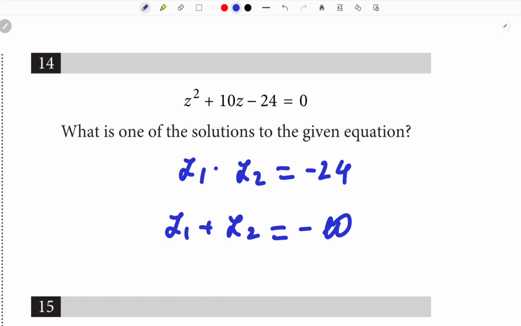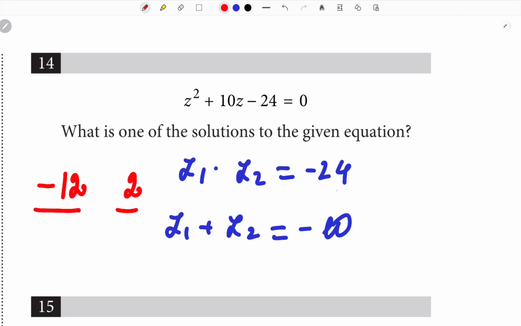And I think which numbers multiplied give negative 24, and added give the answer negative 10. I think that it is negative 12 and 2.